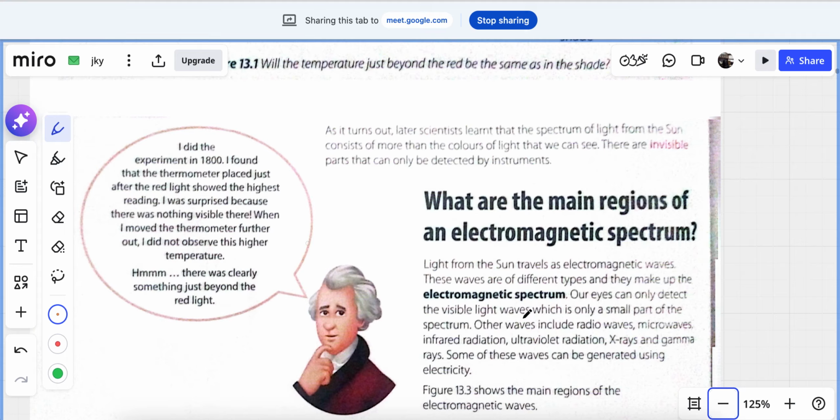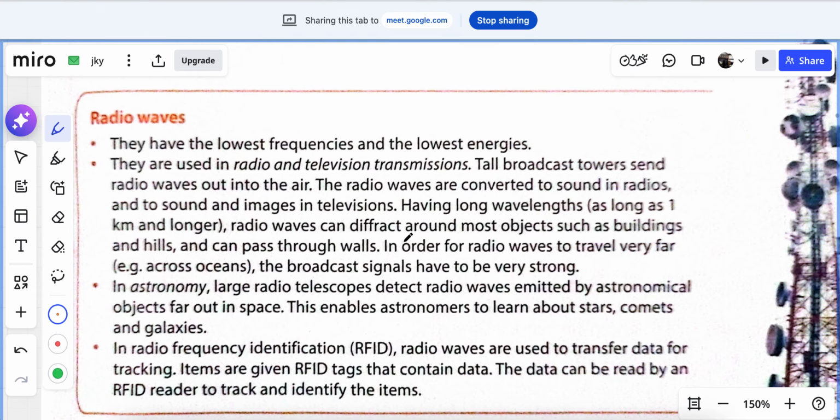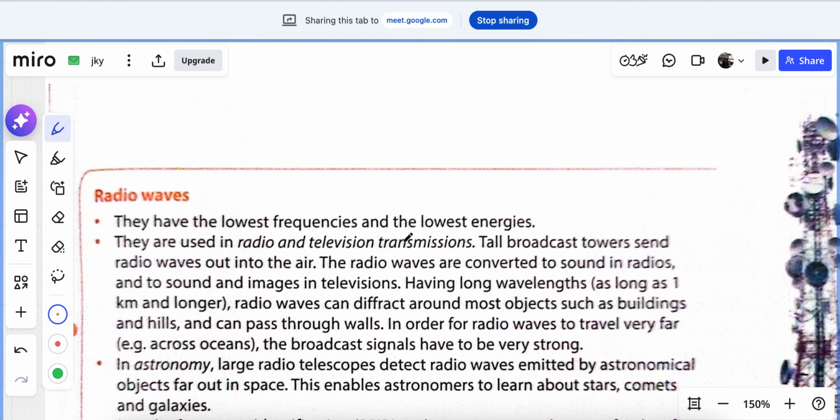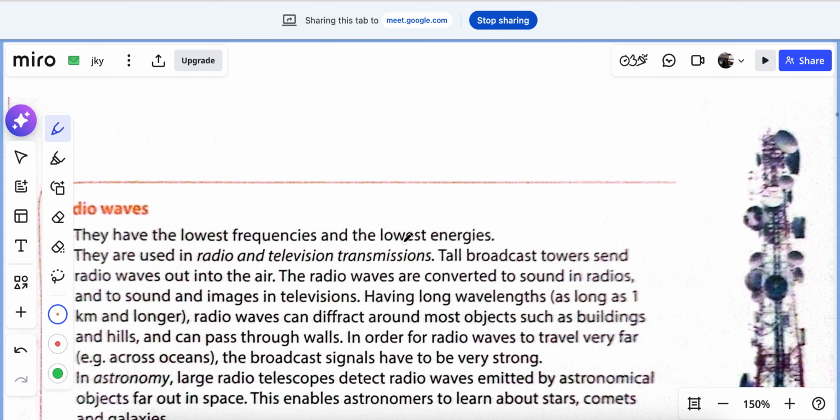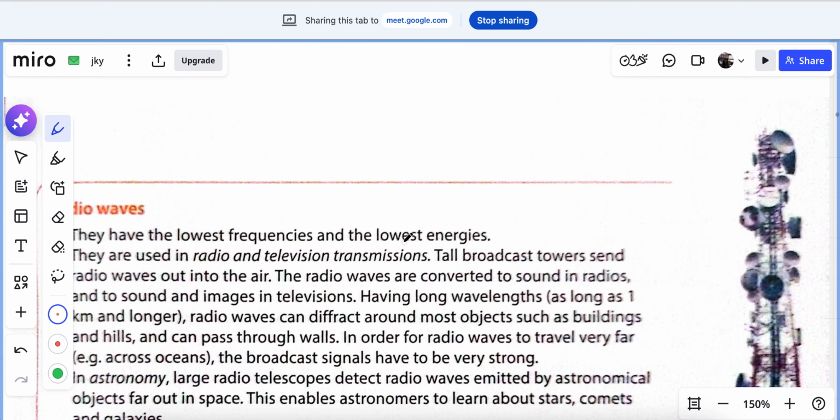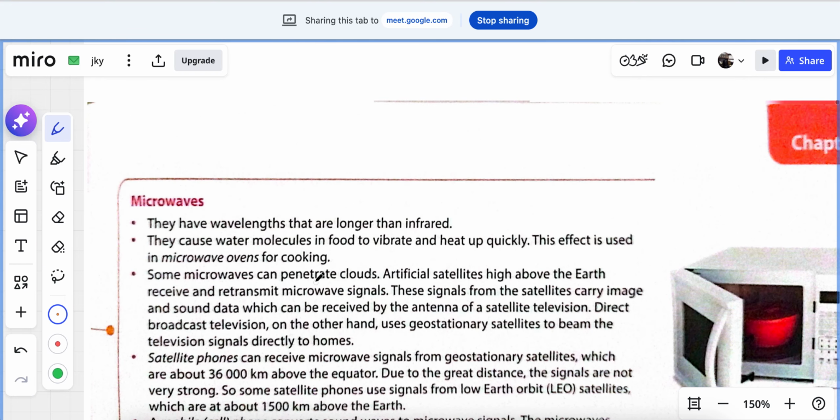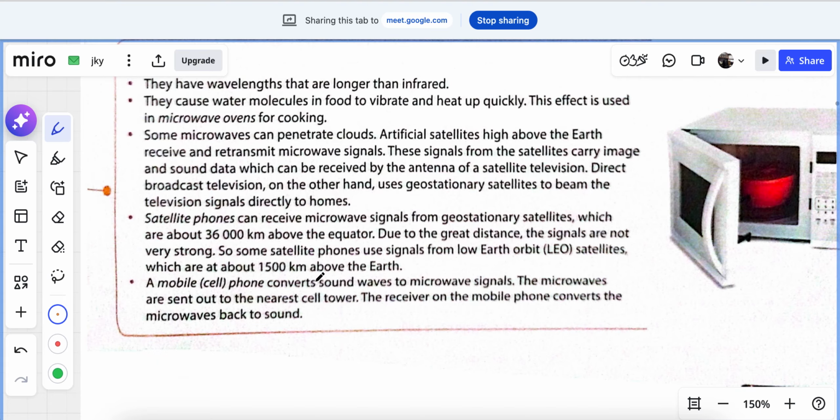Now let's move on to some of the uses of electromagnetic radiation. What do we use each of these for? We start with the first one, which I think is the radio wave. Just take what is very important, and then we move on.